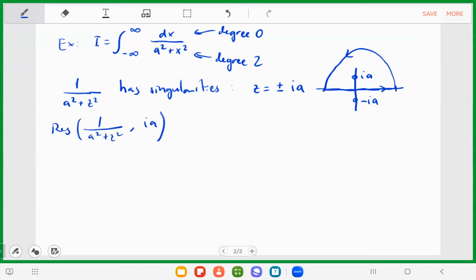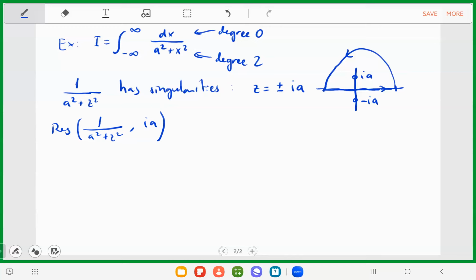Again, we don't need to check that these are simple poles, because it's easy to remember that a polynomial of degree 2 will have two simple zeros if the zeros are different, and one zero of order two if the two zeros are the same. So these are two simple zeros of the denominator, and these are simple poles. So we use the simple pole method.